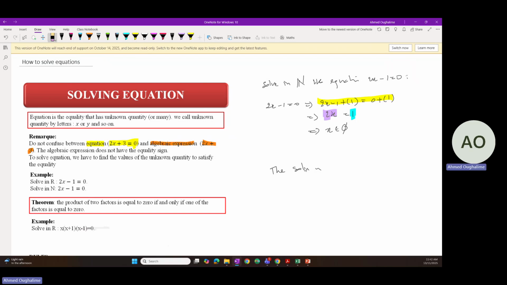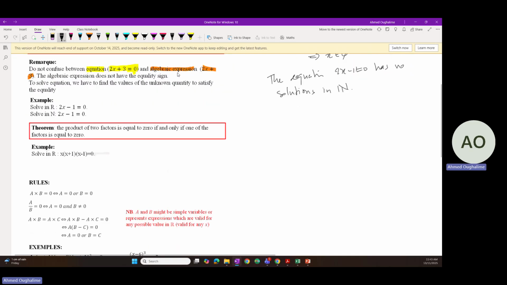We would say that the equation 2x minus 1 equal to 0 has no solutions in the set of natural numbers. Remember, this is even, this is odd. There's no such thing that an even number could be equal to an odd number. Okay, so this is just an introduction.